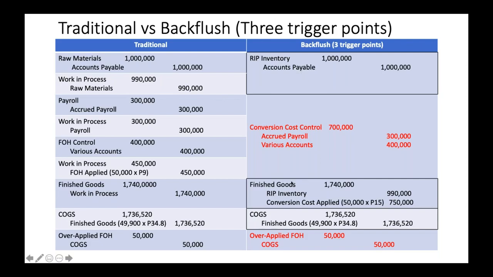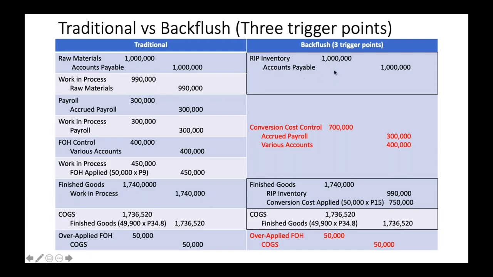Upon purchase, instead of debiting raw materials and credit accounts payable, the entry will be debit RIP inventory, raw and in-process inventory, 1 million, credit accounts payable. That's the first trigger point and we made an entry.